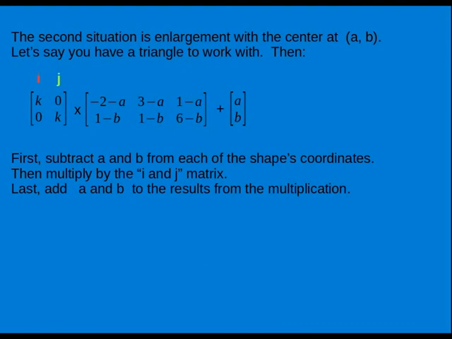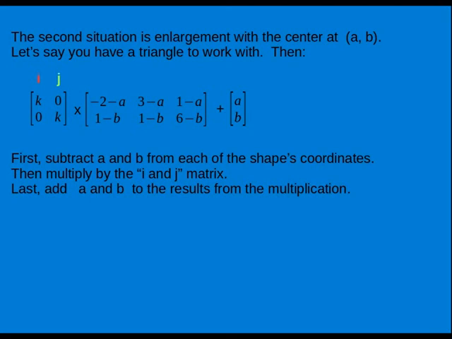The second situation is enlargement or dilation with the center at a, b. Let's say you have the triangle to work with, our favorite triangle now. So we have the I and j matrix with k over 0, 0 over k, times the coordinates of the vertices of the triangle. But we notice we're subtracting the a value. So where we want to center it, we're subtracting a from the first row of the triangle coordinates, subtracting it from -2, 3, and 1.